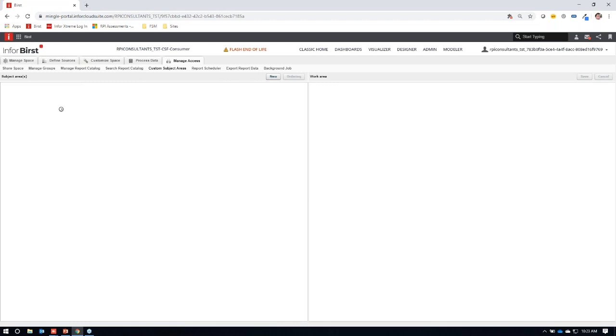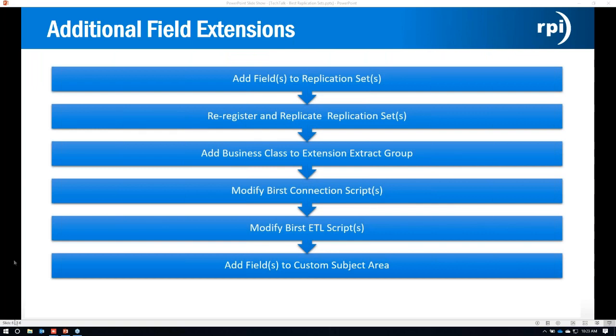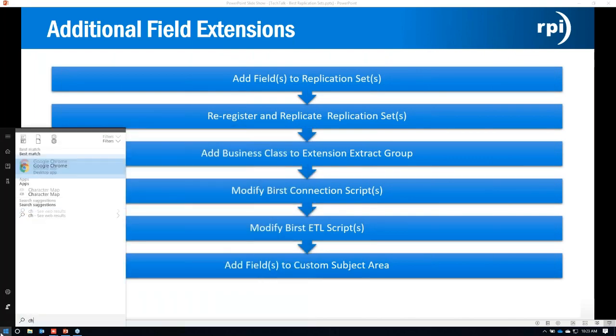I do have a couple of questions, Bo, while you're waiting here. Perfect. One is, are there any limitations as to the number of user fields that can be replicated to Birst? So the short answer to that is there is with the delivered extensions. Sorry, I'm just going to restart my browser here so I can get us back in.